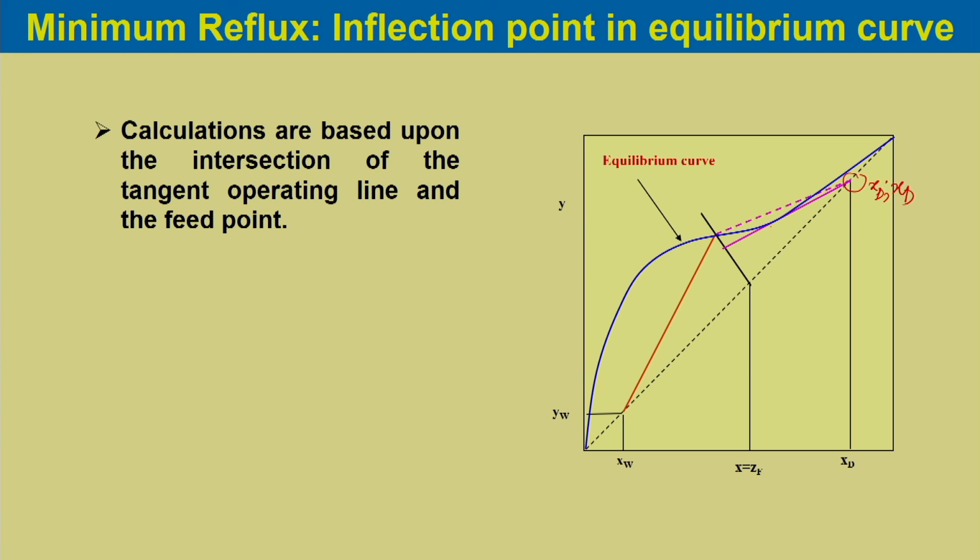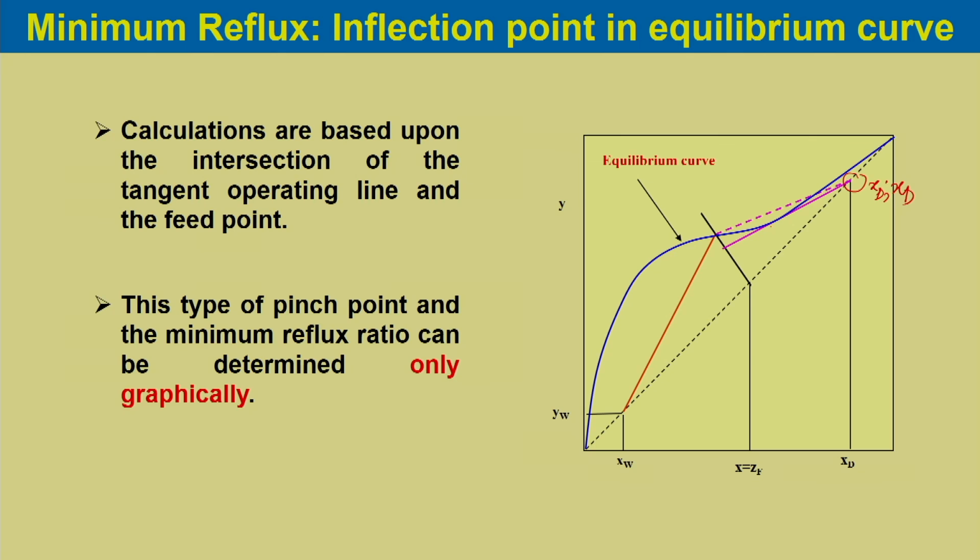The calculations are based upon the intersection of the tangent operating line and the feed point. This type of pinch point and minimum reflux ratio can only be determined graphically. No other formula can be used in this case because it is the tangent. So, we can only do it graphically.